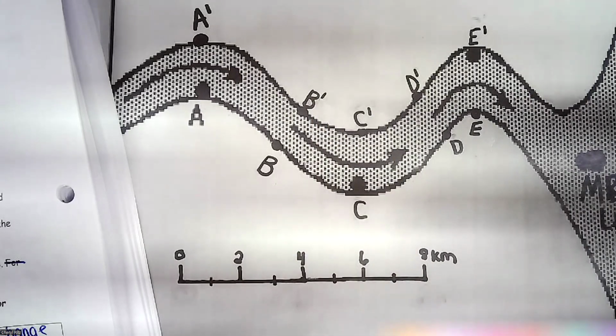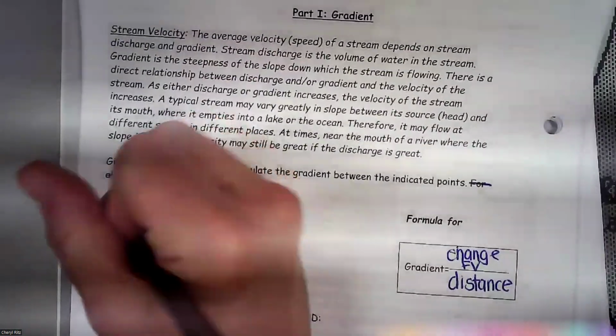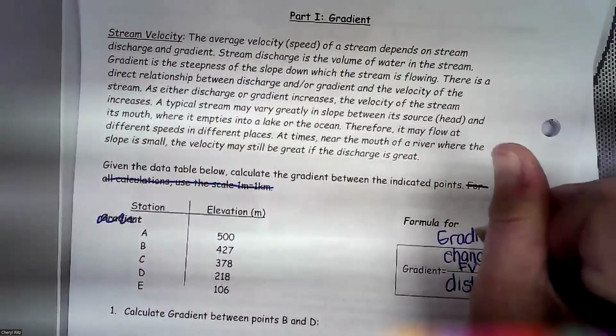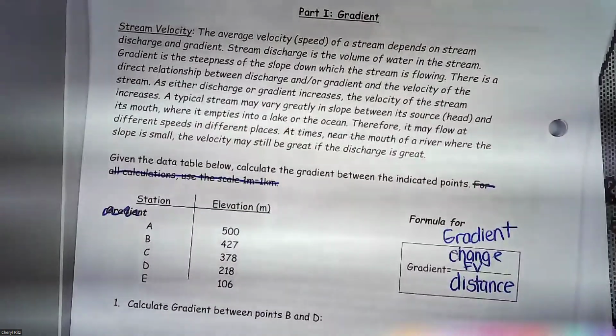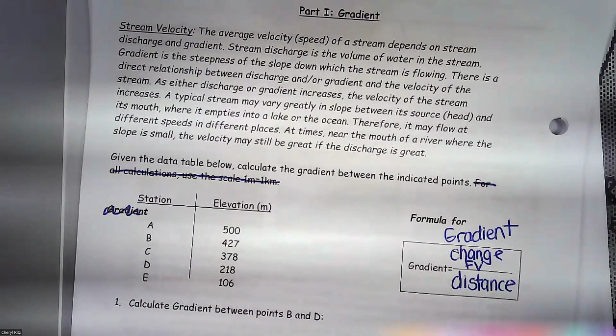So the first one here says calculate the gradients between B and D. And I gave you the formula for gradient. Apparently when I hit print this week, it did not work. But anyway, I gave you the elevation at those different locations.